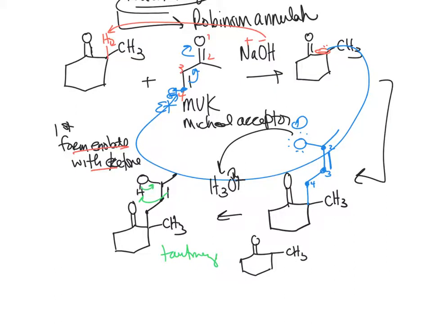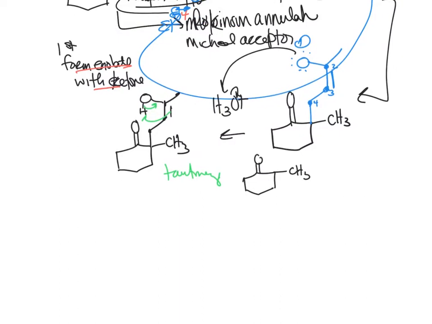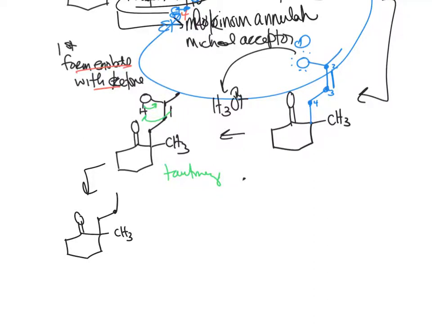You form your enolate, and I need more space here. All right. 4, 3, 1, 2, 3, 4. Okay, so this is what we formed so far.